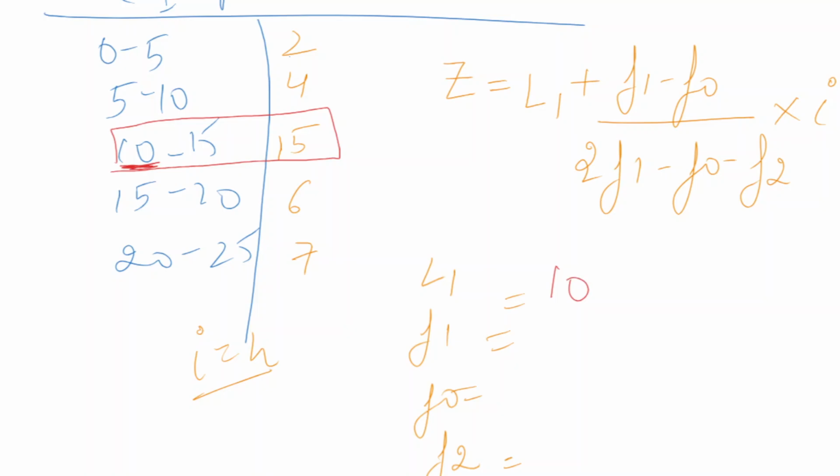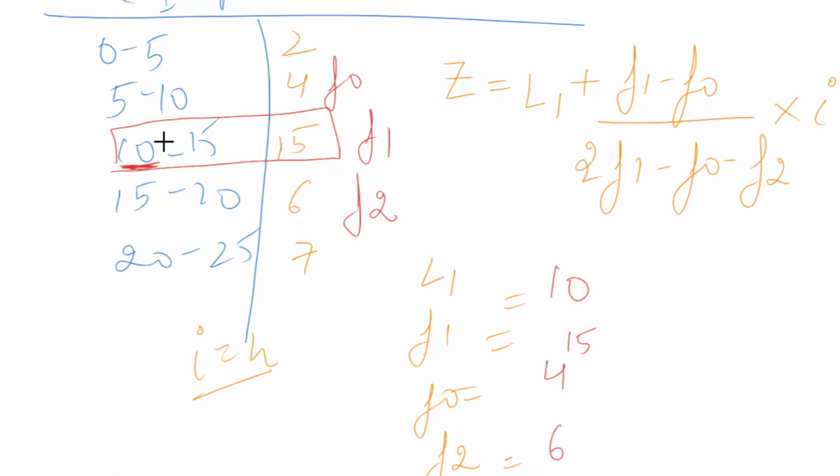How to find f1, f0 and f2? The highest frequency is termed f1. The frequency just above the highest frequency is termed f0, and the frequency just below is termed f2. Now represent it. f1 is 15 according to our question, f0 is 4, f2 is 6.